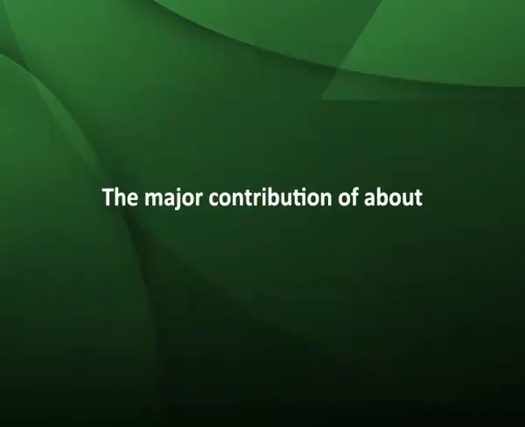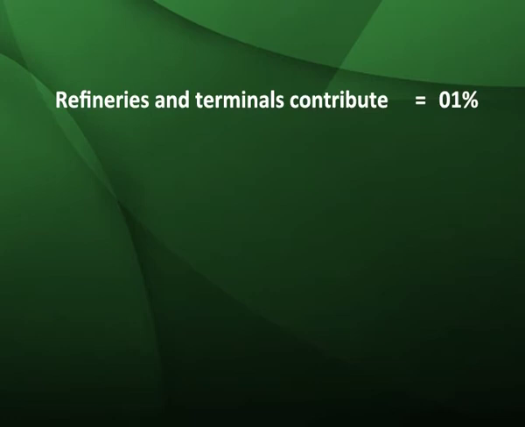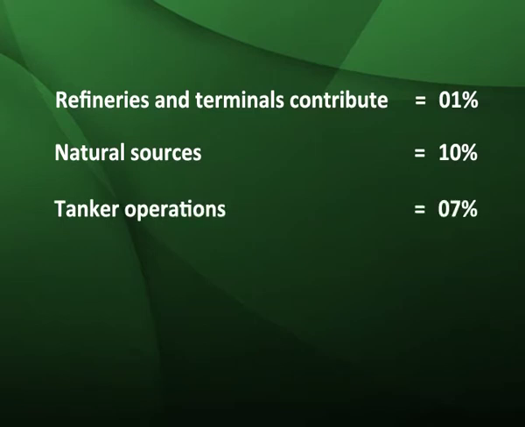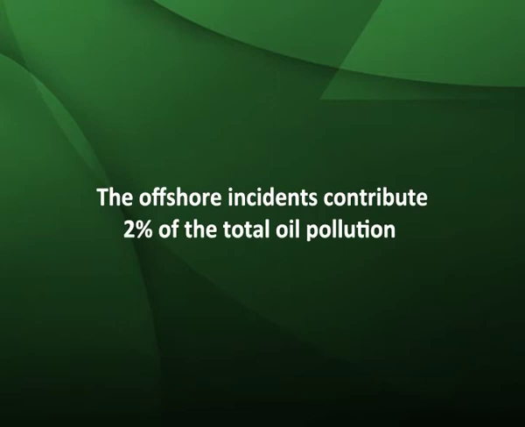The major contribution of 62% is due to industrial waste. Refineries and terminals contribute 1%, natural sources 10%, tanker operation 7%, tanker accidents 3%. Other shipping activities add 15%, and offshore incidents contribute 2% of the total oil pollution.